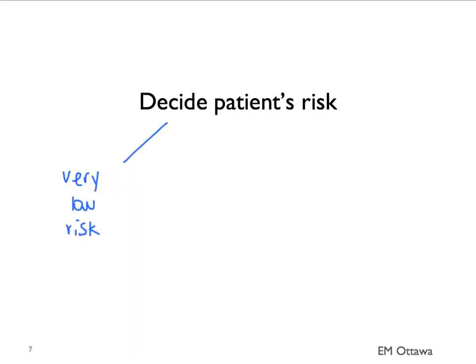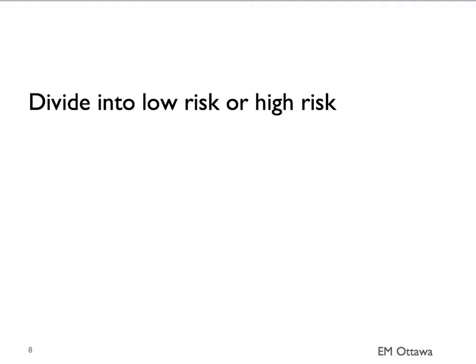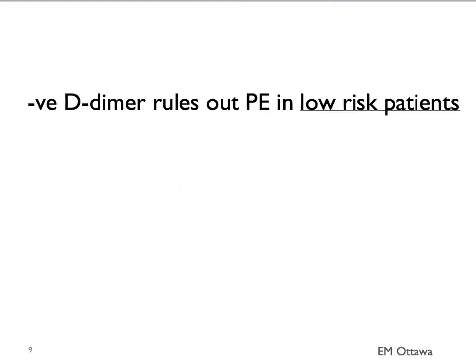Now that we know what to do with the very low risk patient, let's turn our attention to low risk and high risk patients. Once we divide the patient into low risk or high risk categories, we can decide to use the D-dimer to rule out PE in patients who are low risk. A negative D-dimer will rule out PE in patients who have low risk.